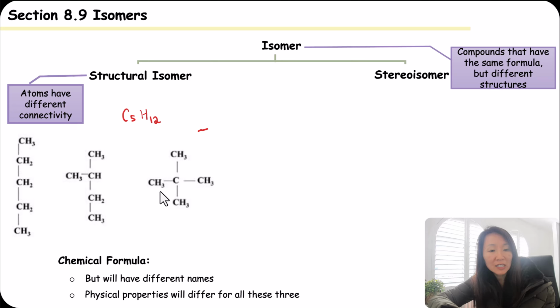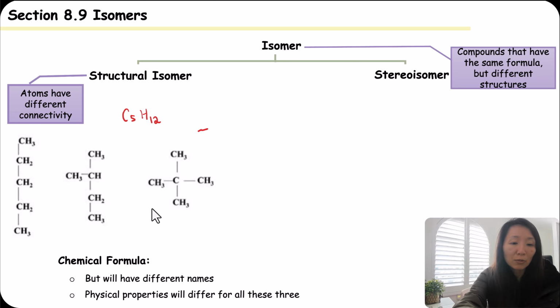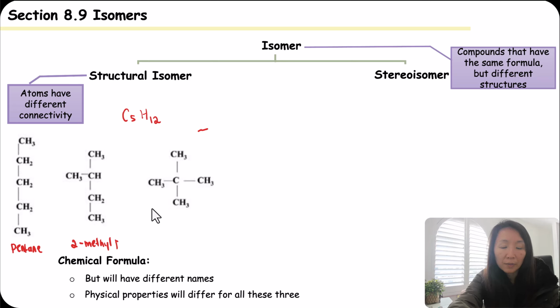Now, all of these three have different names, and they also have different physical properties. If you want to try naming all this, great, but this is not about nomenclature, though I will put down the names right now. The very first one is pentane. This one is 2-methylbutane.